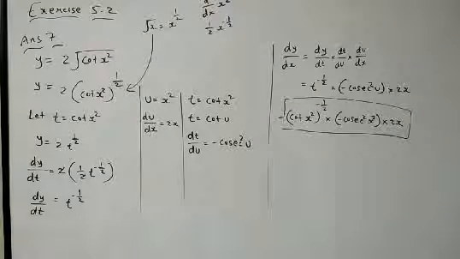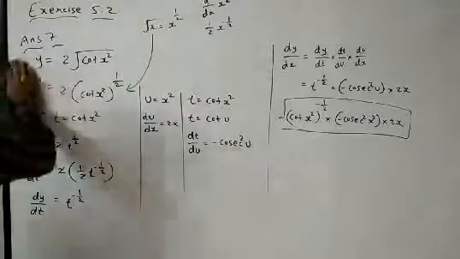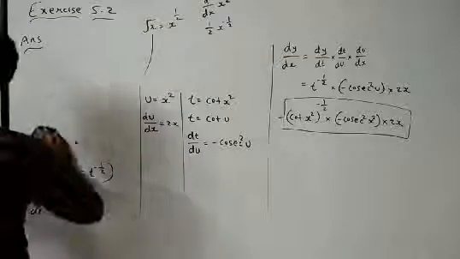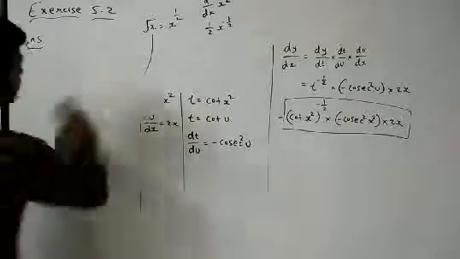Question number 8 we have, that is the derivative of cos under root x. So we have to find the derivative of cos under root x.